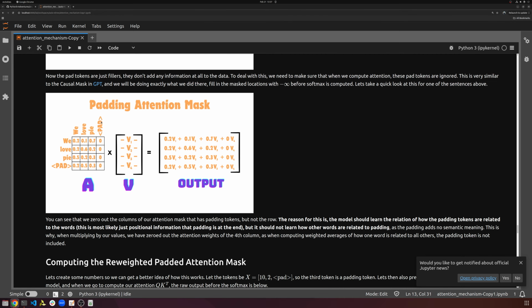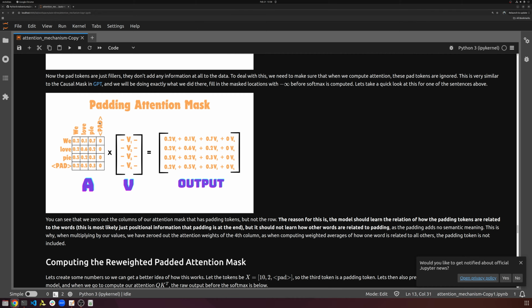So we have we love pi pad along both axes. And we're computing how is we related to we, we related to love, we related to pi, and so on. We're computing every pair just like we've done before. The problem is the pad, remember, is just extra stuff we've added in. The pad token doesn't actually mean anything. It's just a filler, a gap. We don't care about it.